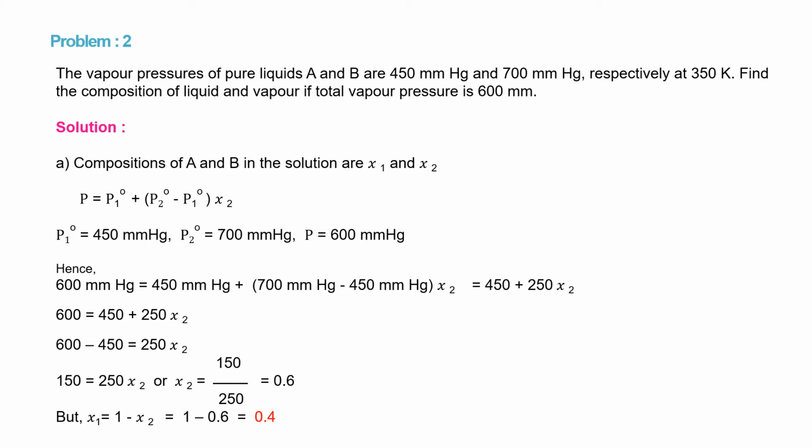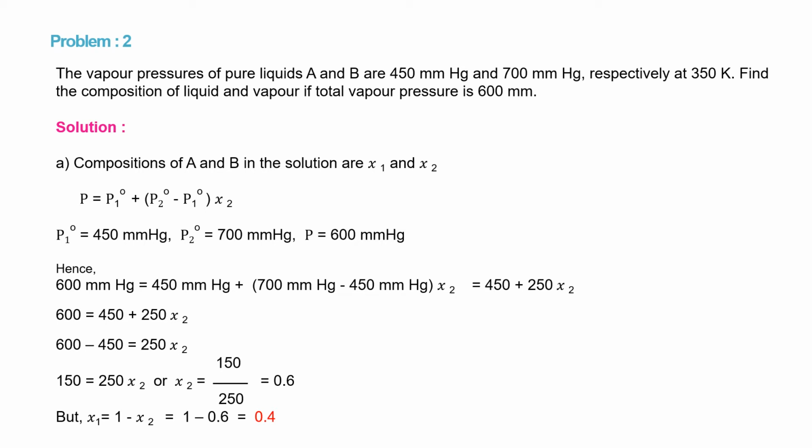law. So Raoult's law, as you know, says that total pressure is equal to the pressure due to the pure liquid of component A plus, in your bracket, you subtract the vapor pressure of component B minus component A in pure liquid form, into X2, and X2 is nothing but the mole fraction of your pure component B or your solute.